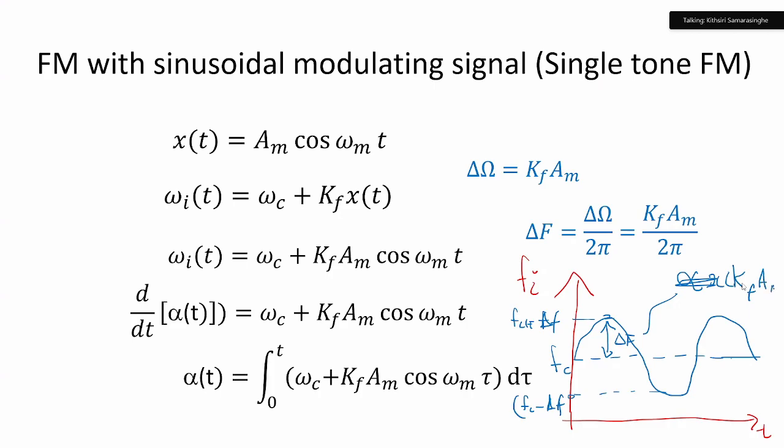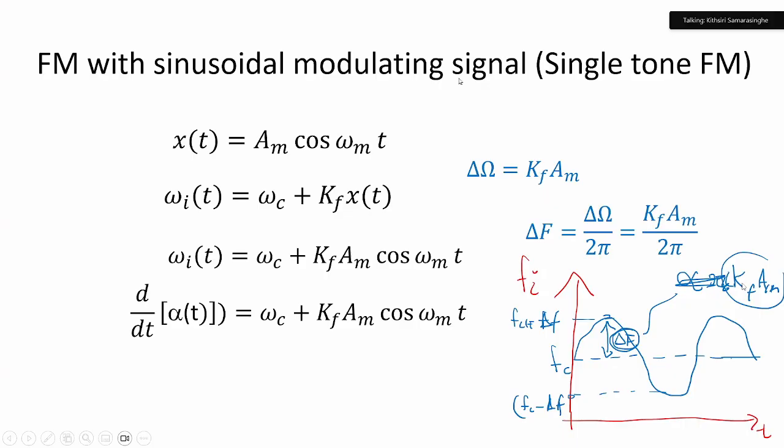Am is the amplitude of the modulating signal, and kf is the proportionality constant. So the peak frequency deviation is proportional to the modulating signal amplitude. So try to understand frequency variations like this. Okay.